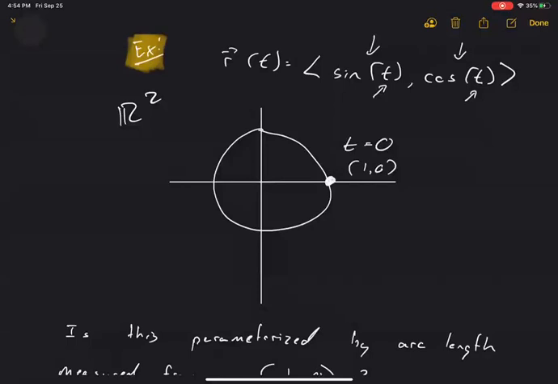Well, let's plug 0 into this and see what we get. When I plug 0 in, I get sine of 0, which is 0, and cosine of 0, which is 1. So when t equals 0, I'm actually here.